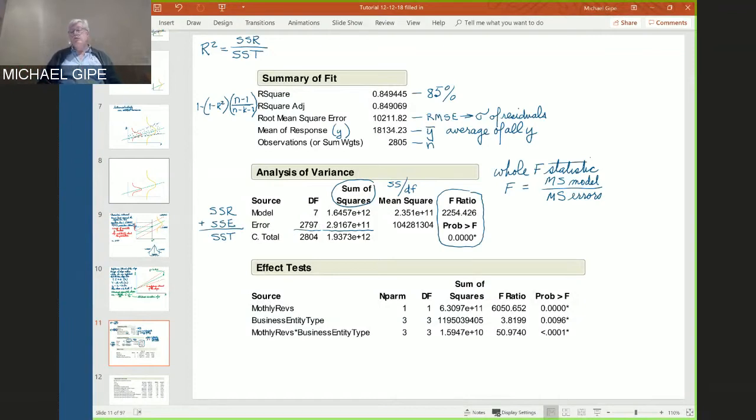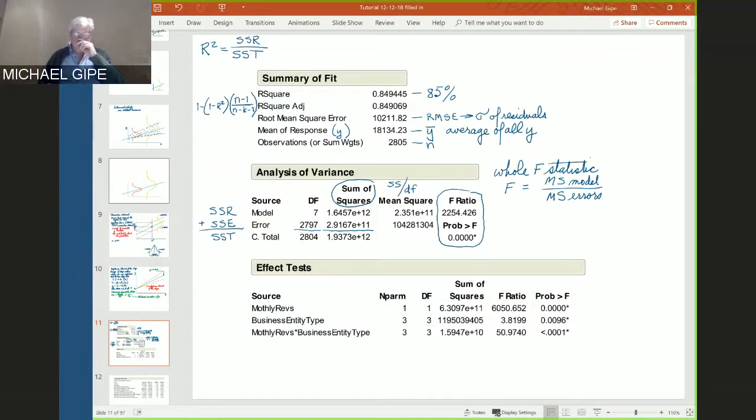And this is essentially telling us how much the regression model is telling us compared with the amount of errors or residuals that are left over.